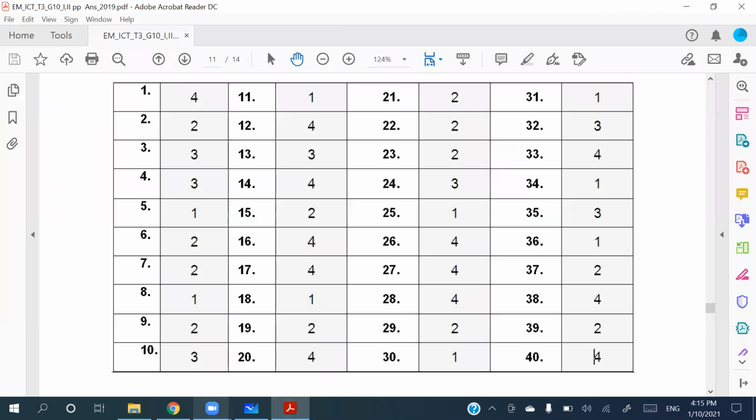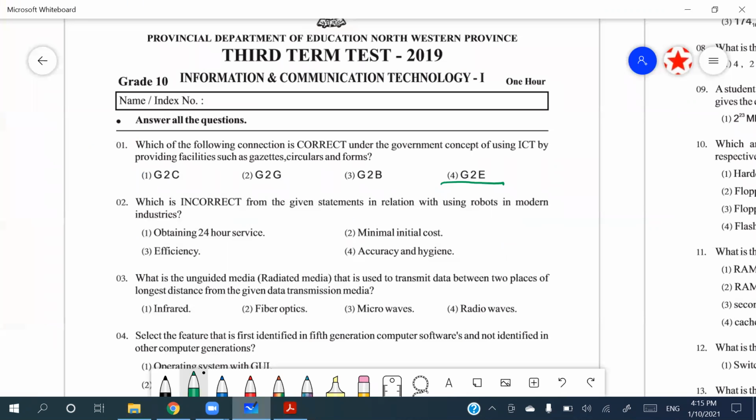Okay, so the second one, which is incorrect from the given statements in relation with the use of robots in modern industries. They're asking about the incorrect one. Obtaining 24-hour service: when we use a robot, we can keep the machine working 24/7.